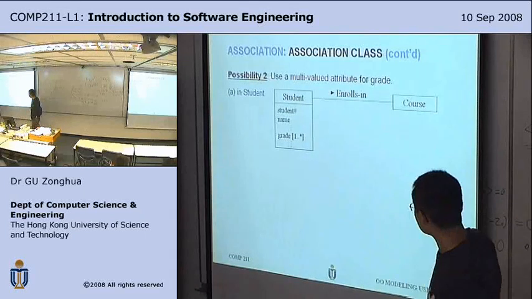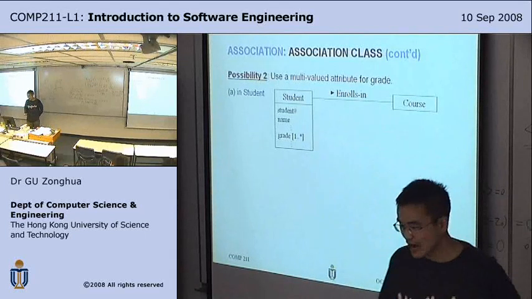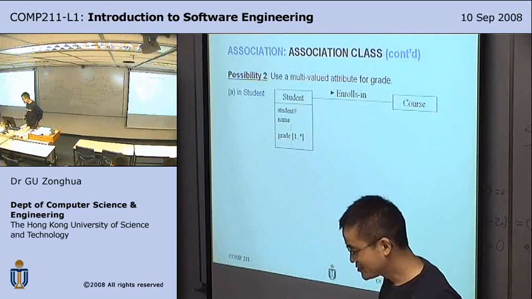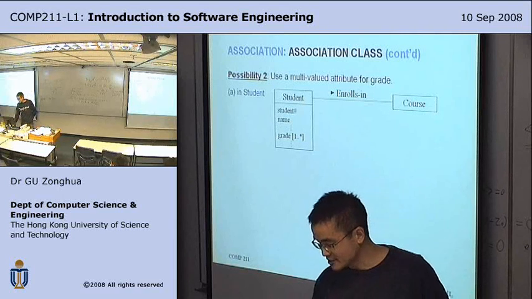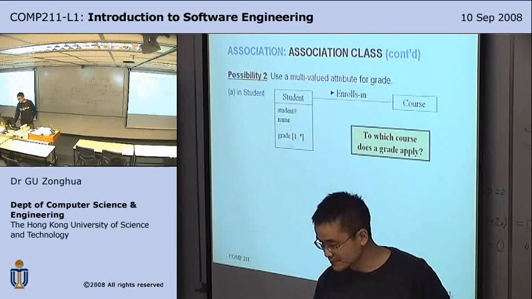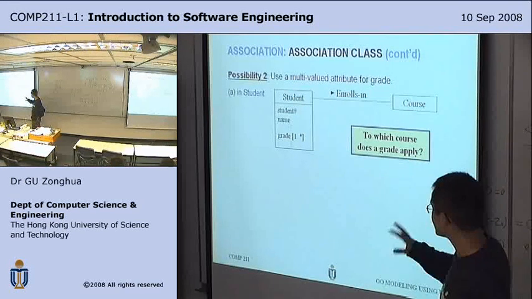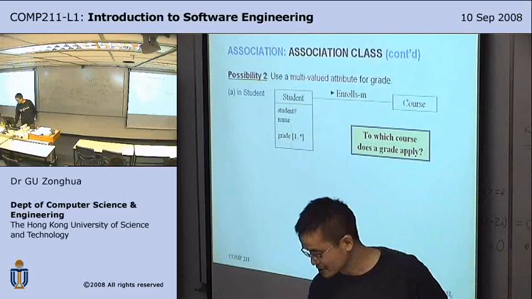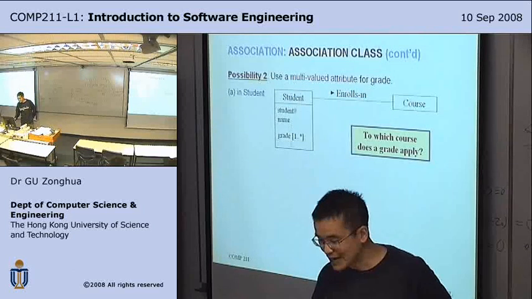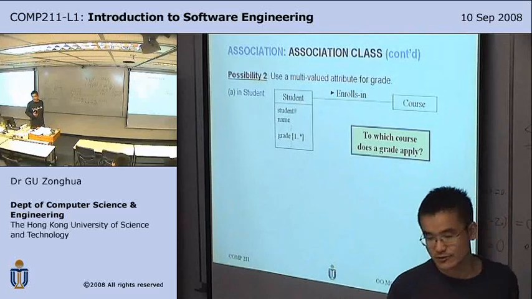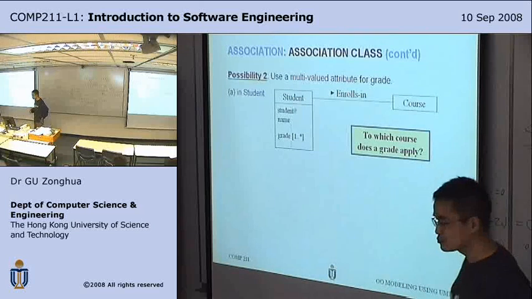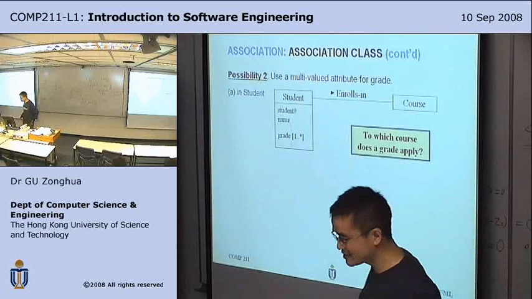Or a slightly better solution is to have a multi-valued attribute, that is, use an array of grades instead of many grade attributes. Then you don't know which grade corresponds to which course. So if you use many attributes, at least you can name the grades, right? Comp211 grade, Comp252 grade. But here you can't even name them.